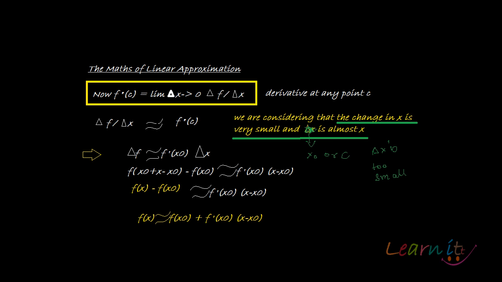In that scenario, what we're trying to say is that this ratio, this difference quotient, the change in the functional value corresponding to the change in x, is almost the same as f dash c for any point c, or f dash x naught, whatever we might like to call it.